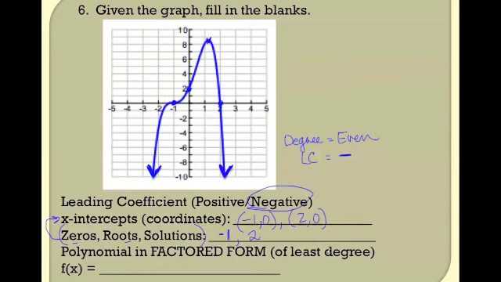The polynomial in factored form of least degree. So I know if negative 1 and 2 are zeros, then those came from an x plus 1 and an x minus 2 factor.